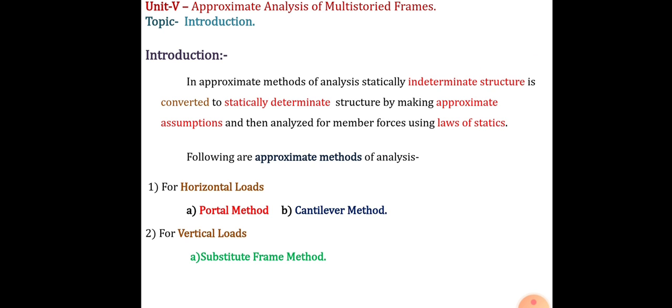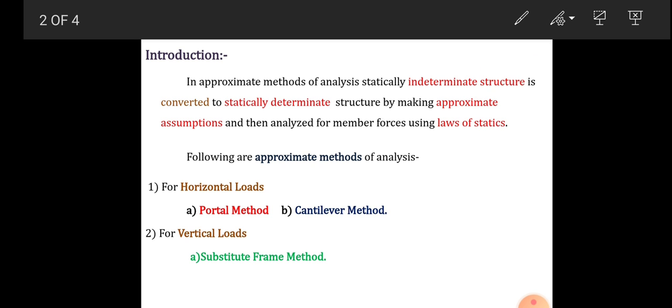In an approximate method of analysis, a statically indeterminate structure is converted to a statically determinate structure by making an approximate assumption, and then analyzed for the member forces using the laws of statics.